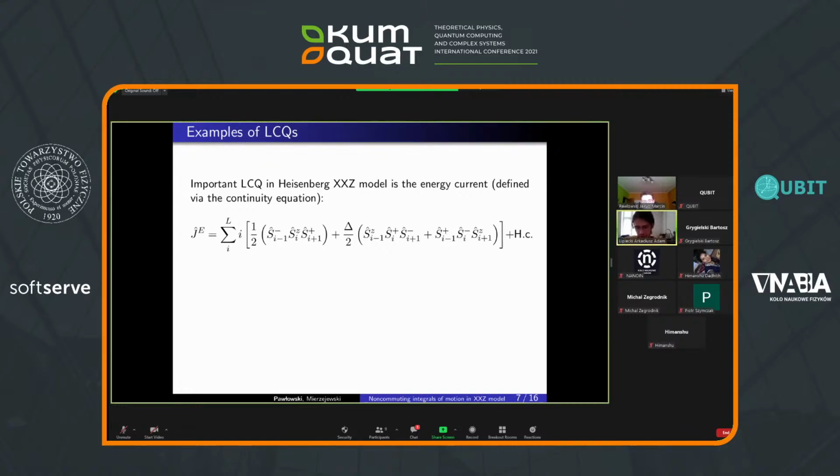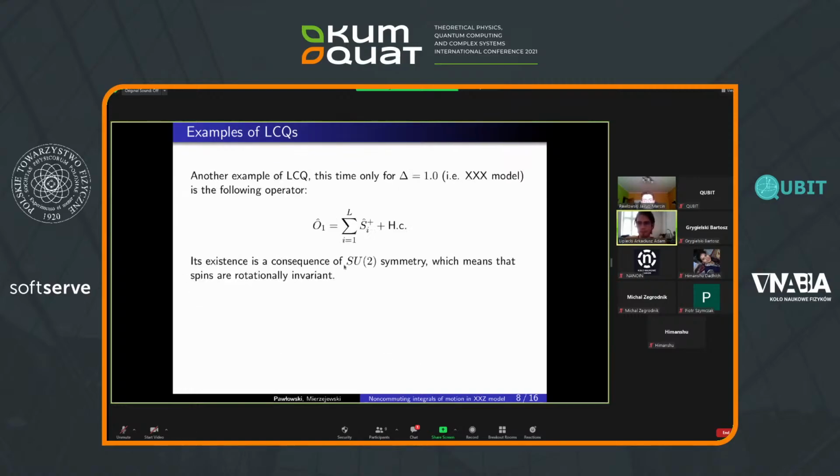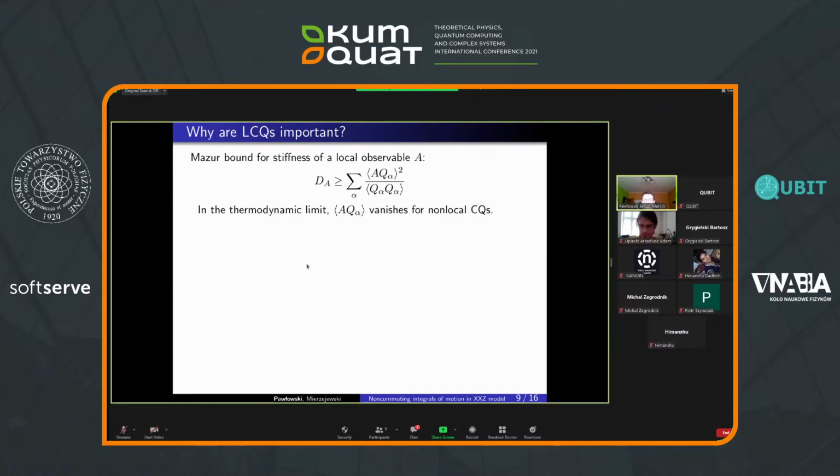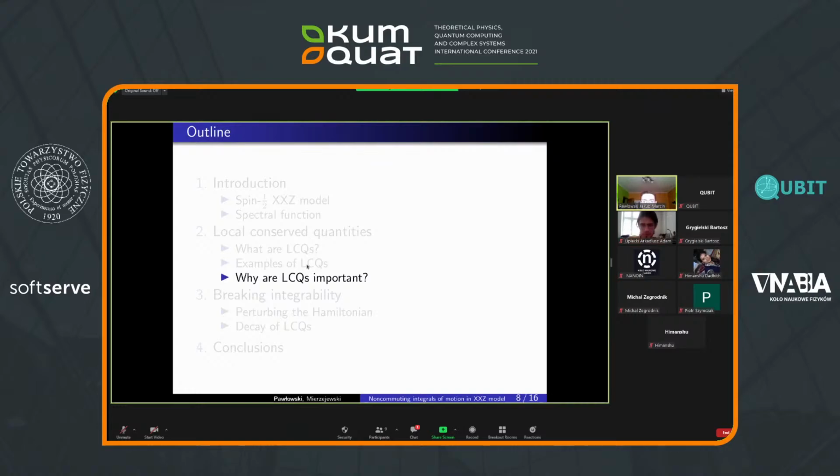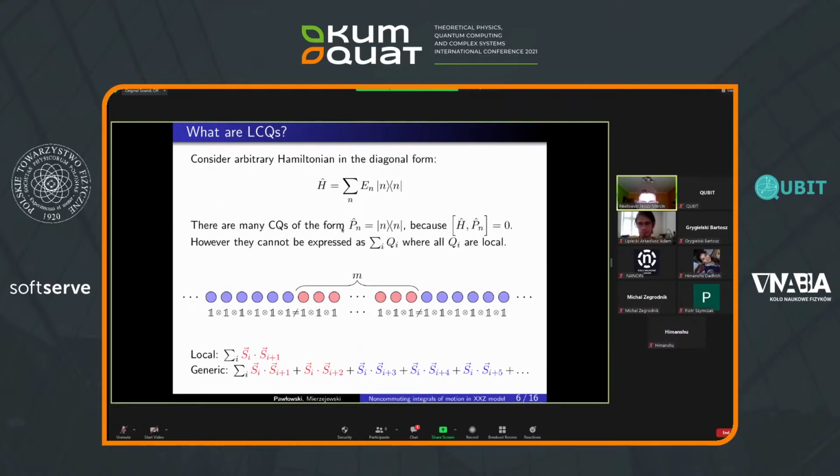Are there any global conserved quantities? And if so, are they important for determining the stiffness? About global conserved quantities, we can take, for example, a projection operator on a Hamiltonian eigenstate. It would be a global conserved quantity, because it obviously commutes with the Hamiltonian and it's highly non-local.